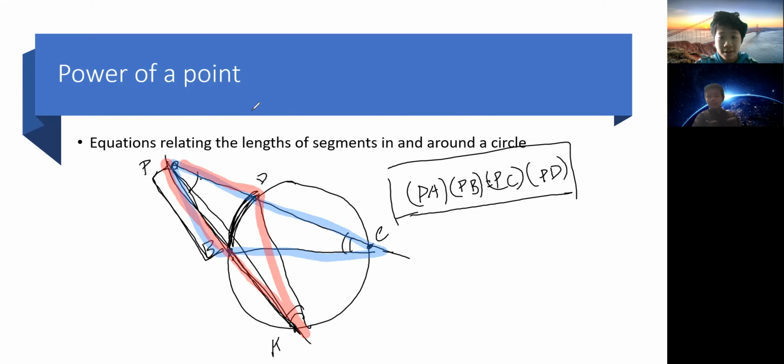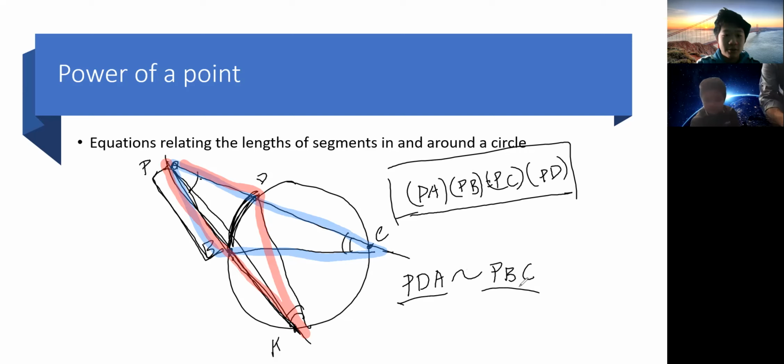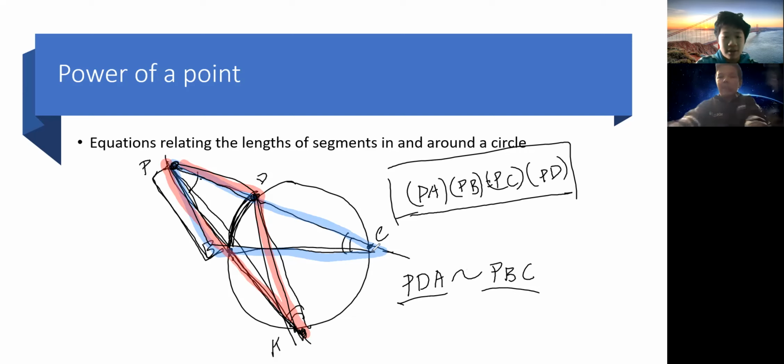Which means that if we write out the similarity equation, we have PDA is similar to PBC. Make sure that you're doing this in the right order, though. These letters have to be in the right order. We're doing P to D to A. Naturally, we would have to do PBC for the other triangle.